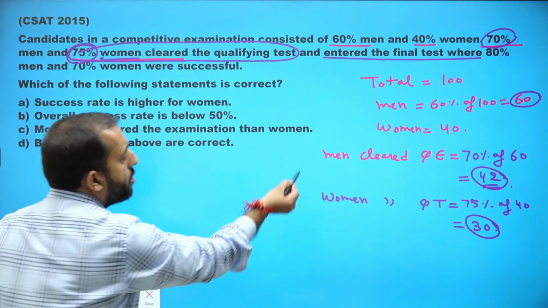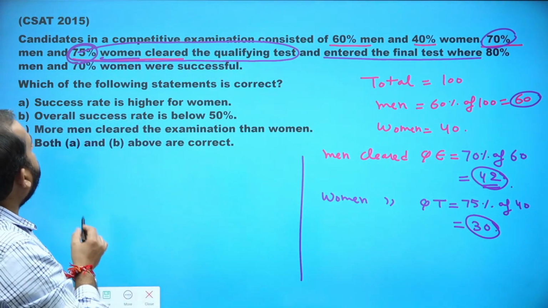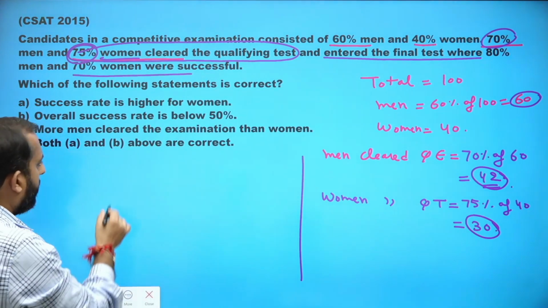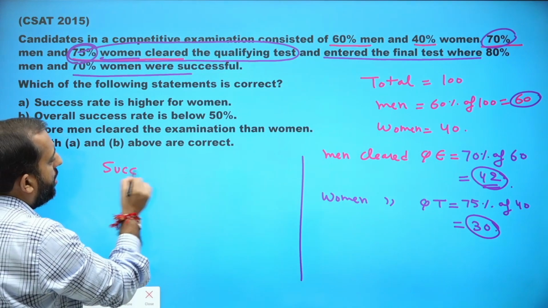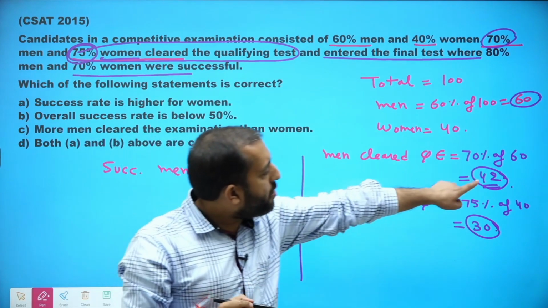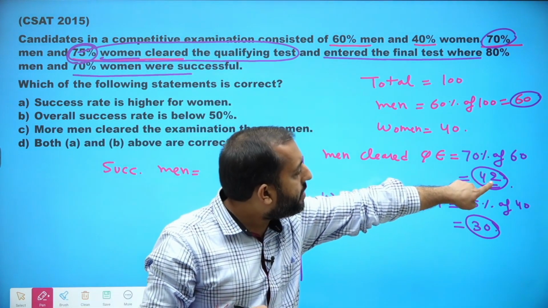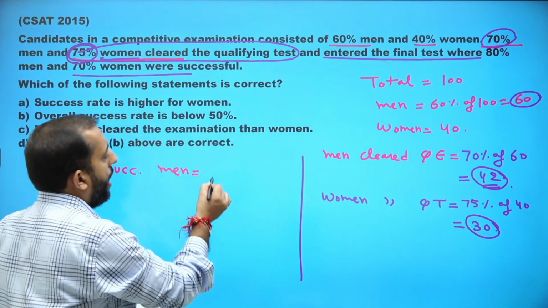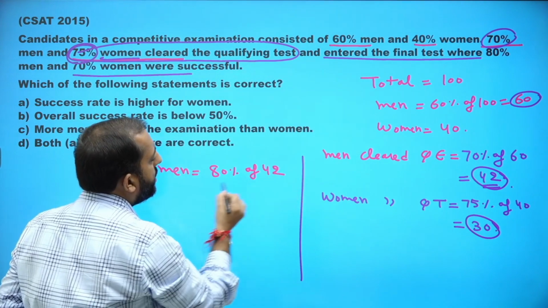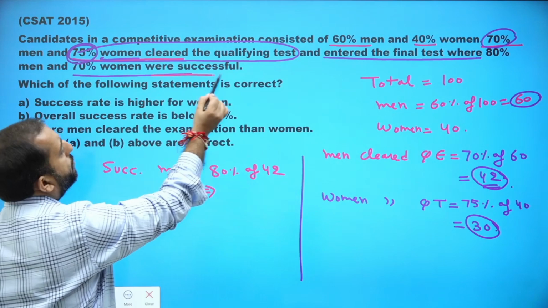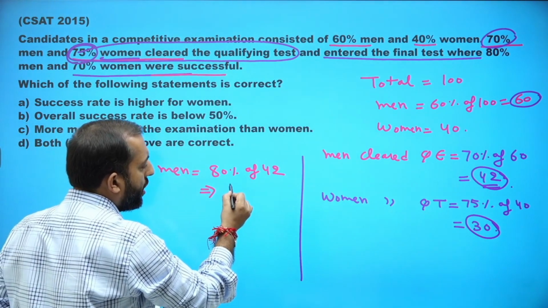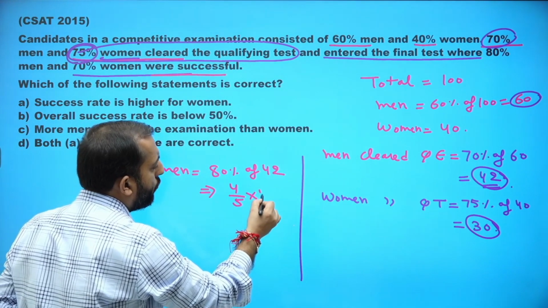Entering the final test, 80% men and 70% women were successful. So men who entered the final test are 42 and out of 42 only 80% are successful. So 80% of 42. 80% is 4 by 5 into 42.